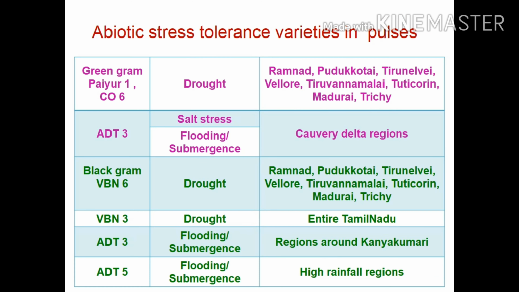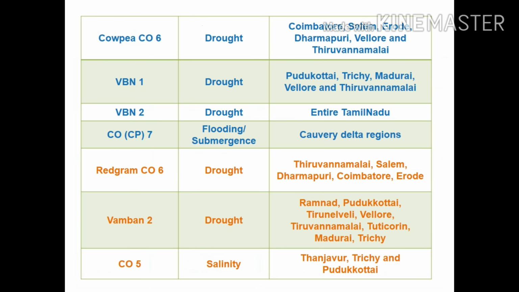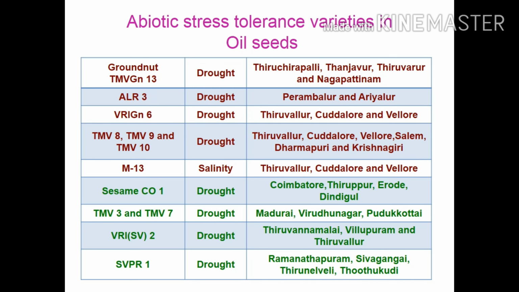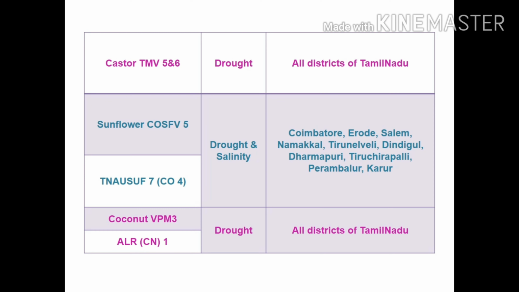In the next slide, the pulses varieties like green gram, black gram, cowpea, red gram, Bengal gram, soybean and horse gram are furnished. Similarly, the tolerant varieties of oil seeds like groundnut, sesame, castor, sunflower and coconut are furnished.